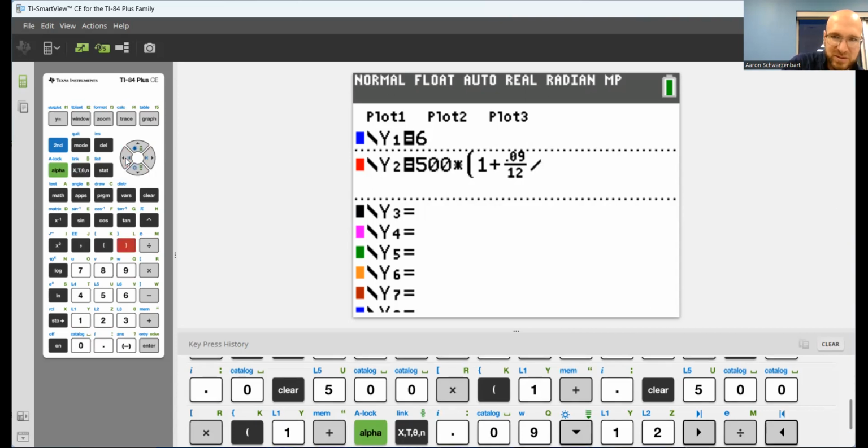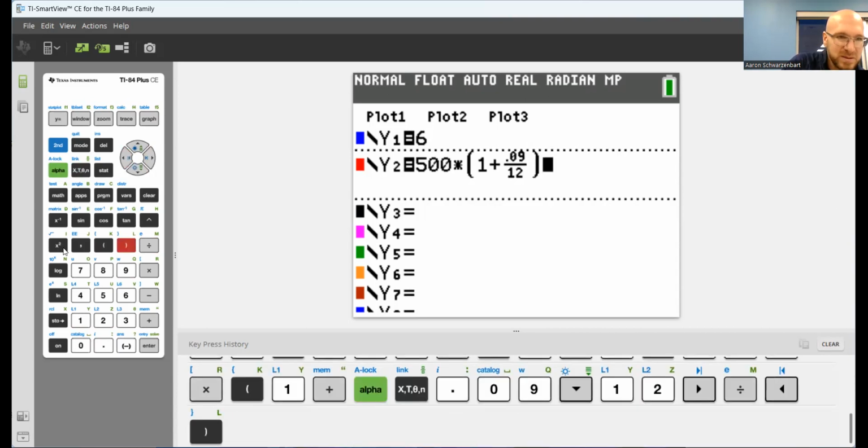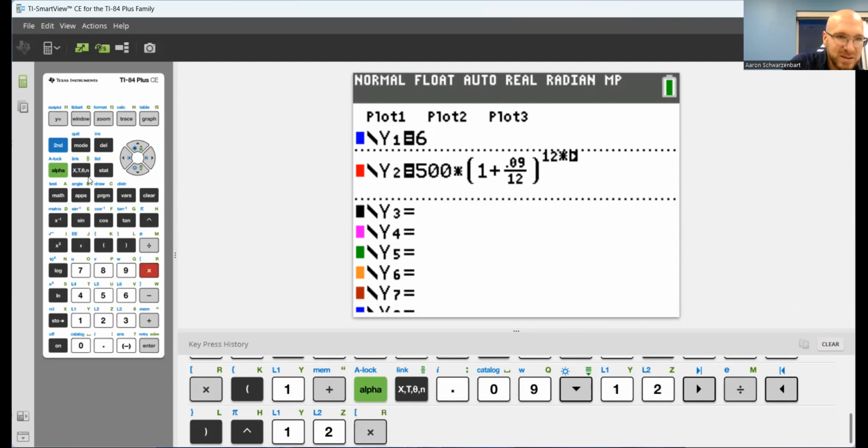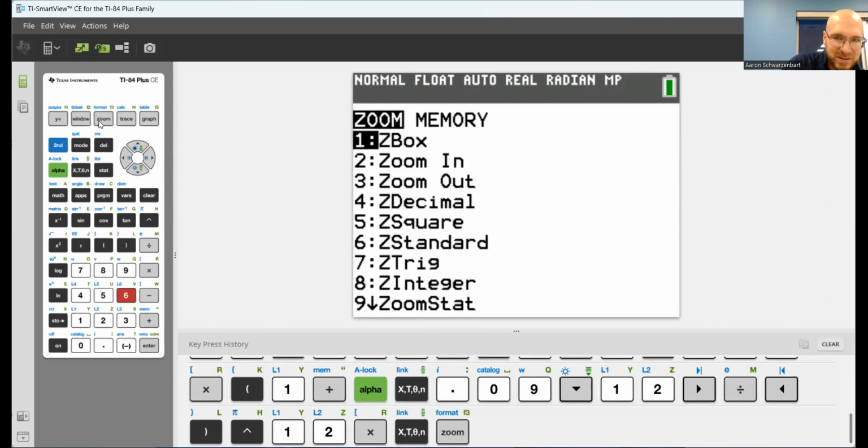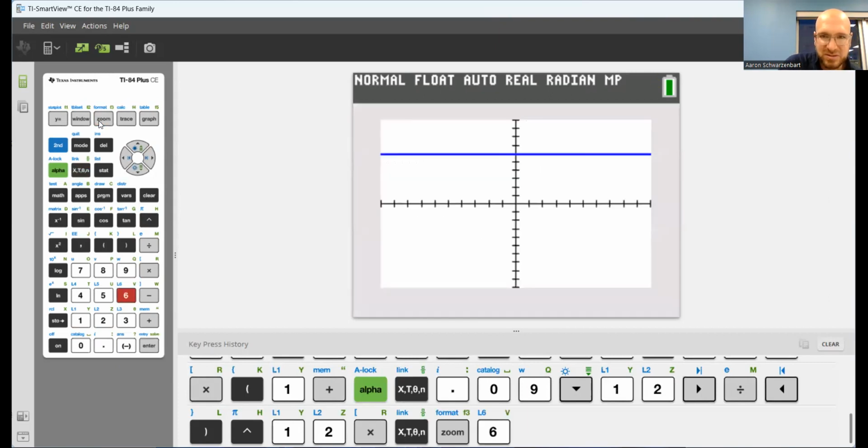I'll just type right over that typo. To the power of 12 times x. I should be able to get this in a normal zoom. Oh, wait.